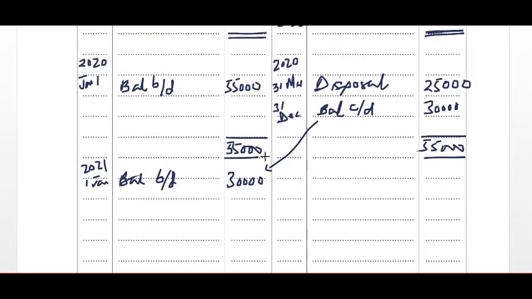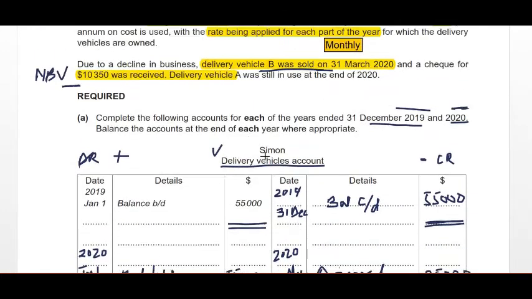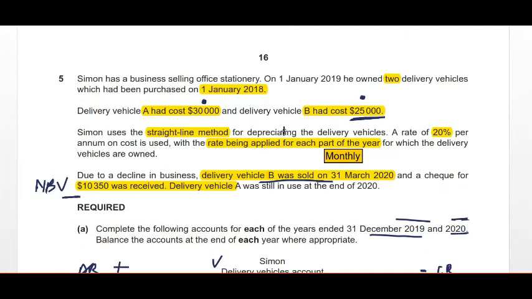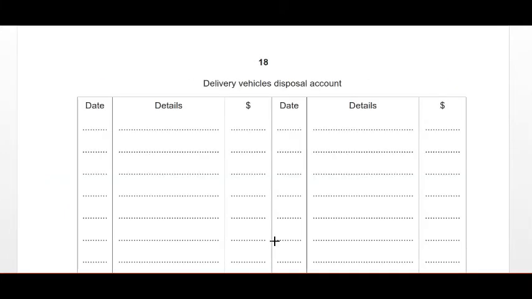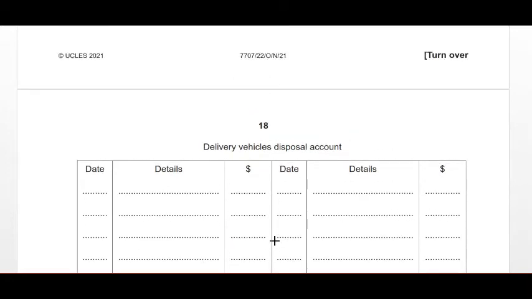So for 2019, we do know that the balance on the assets was 30,000 and 25,000. The total cost was 55,000, and they were charging depreciation on a straight line basis at 20% on cost.